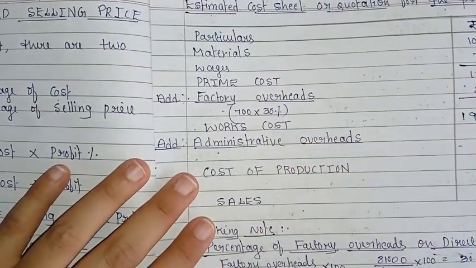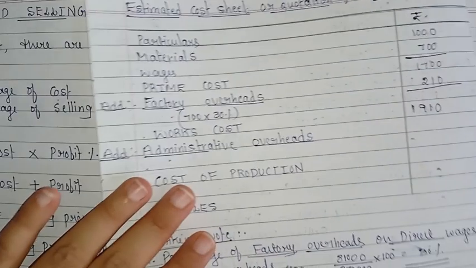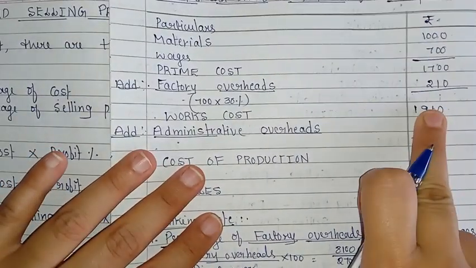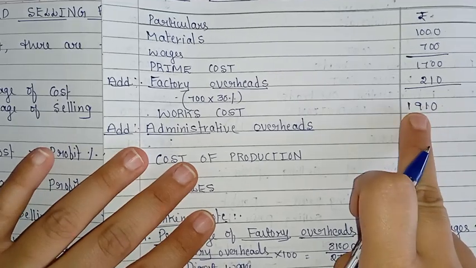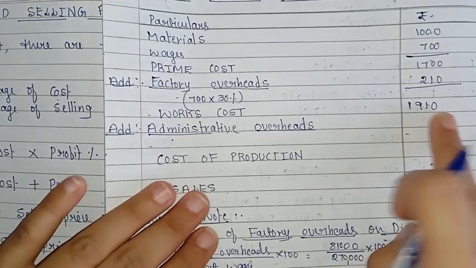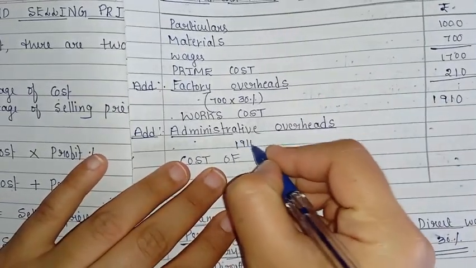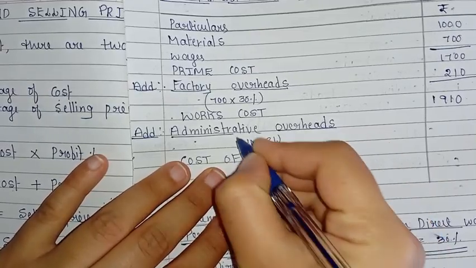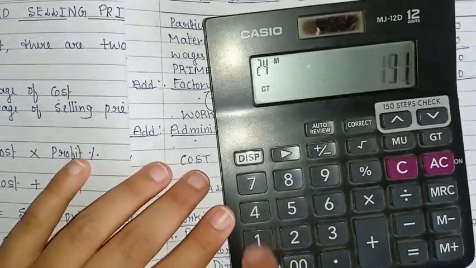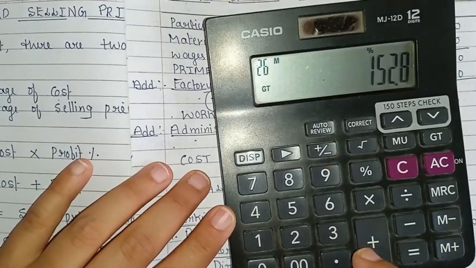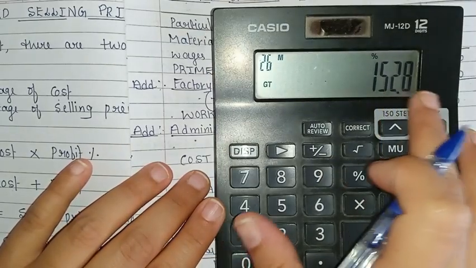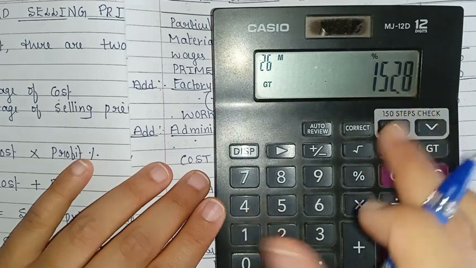8%. Now see here, administrative overheads. Now we have to calculate this 8% on works cost. This 1,910. Clear? Write down 1,910 into 8%, that is equals to 153, because after point that is 8, right?